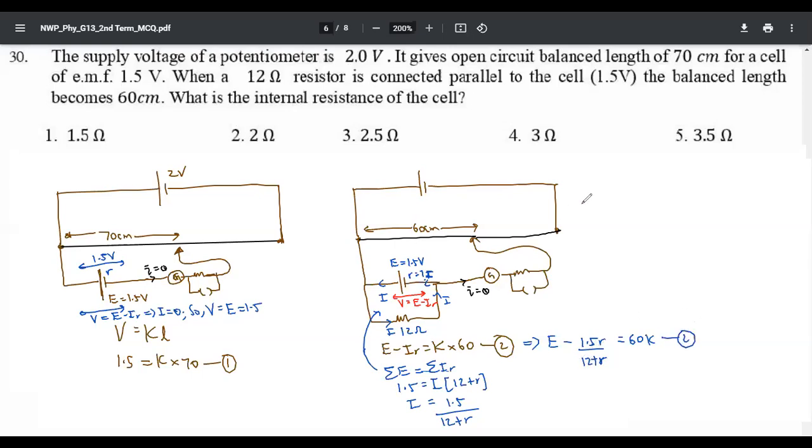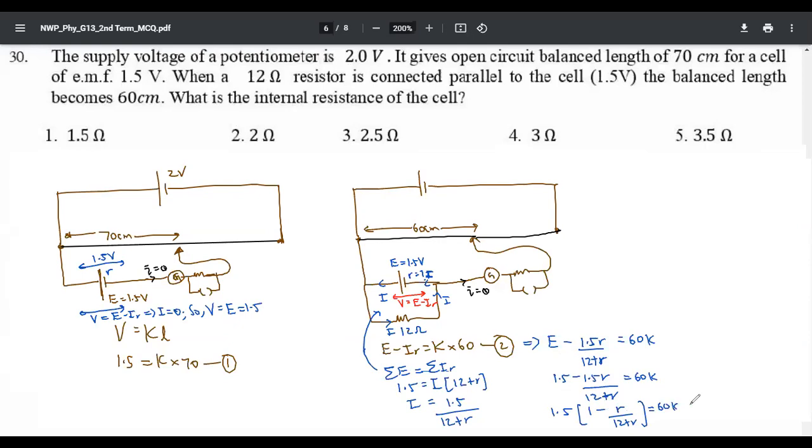Then you can divide the second one by first one or whatever it is. And for E, we'll substitute the value. For E, you can put 1.5. So 1.5 minus 1.5 R over 12 plus R equal to 60K. From this, you can take 1.5 out. That will be even more helpful for us later. 1 minus R over 12 plus R equal to 60K.